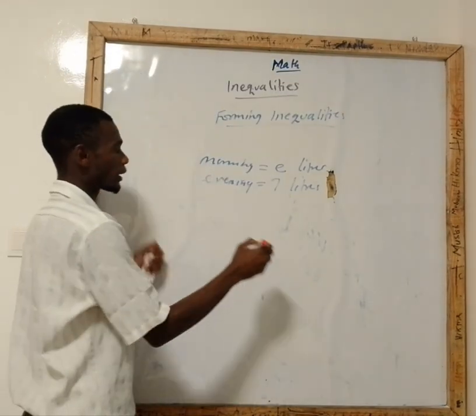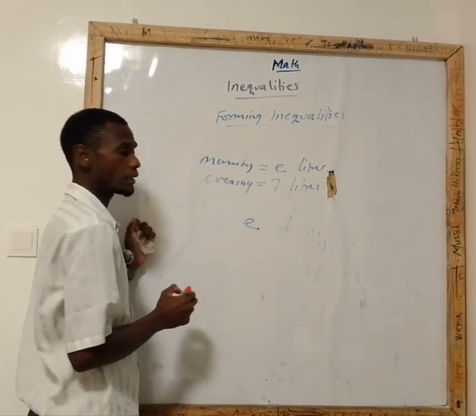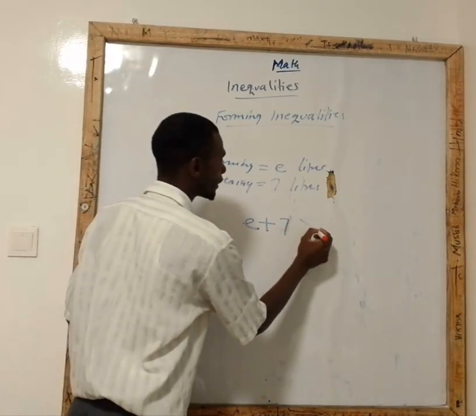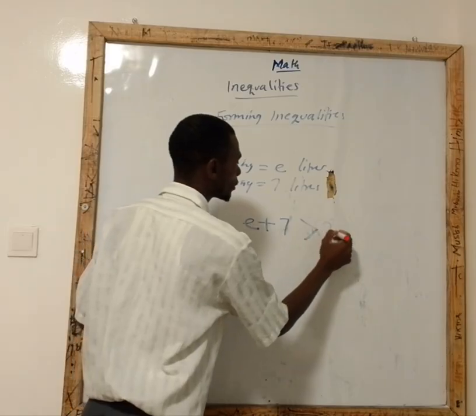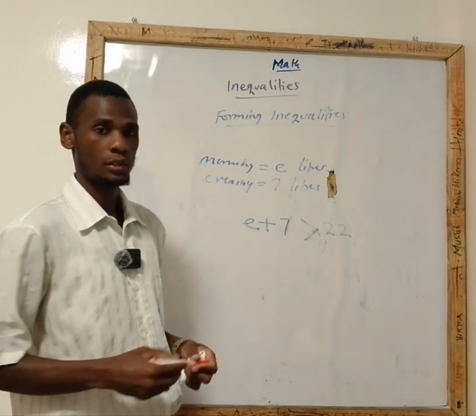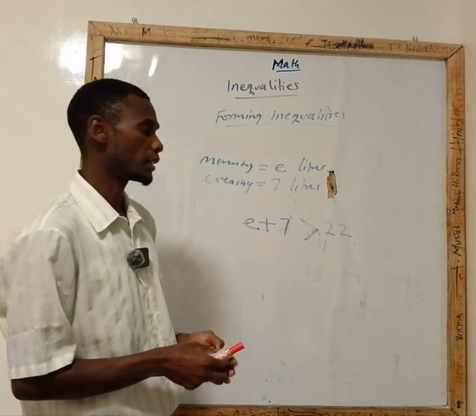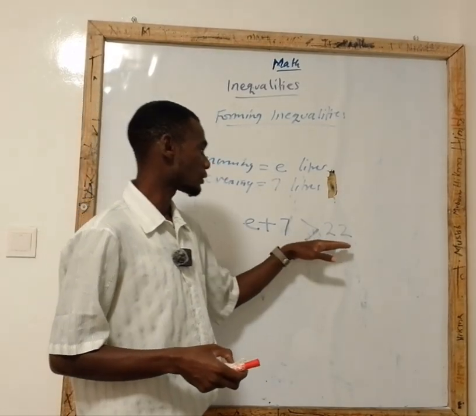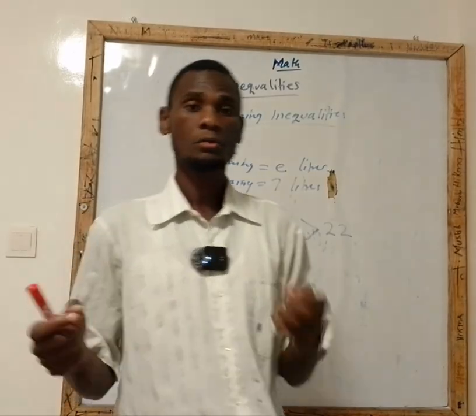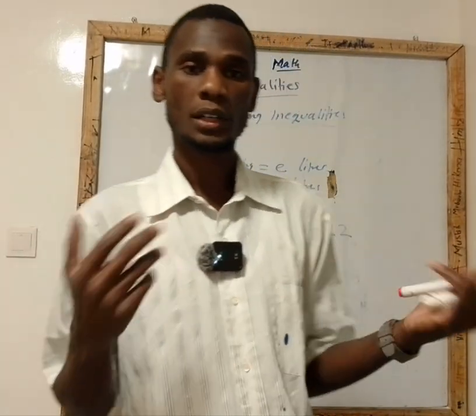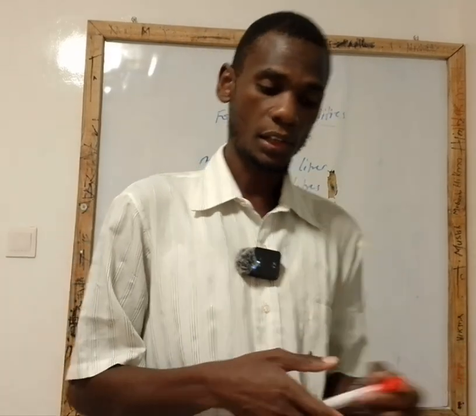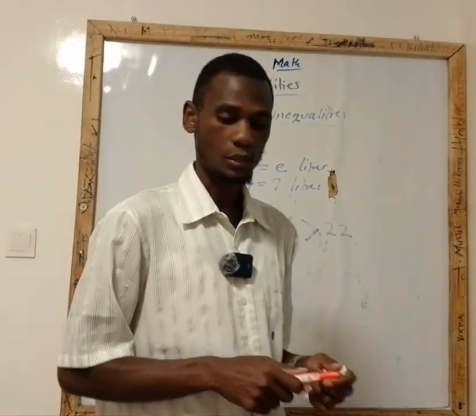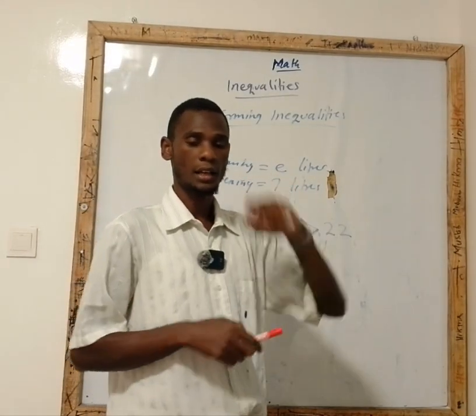So we'll say the amount of milk in the morning, that is E, plus the amount of milk in the evening, that is 7, is more than, so we use the word greater than 22. And there you are. You have formed an inequality. So E plus 7 is greater than 22. That means this cow is producing either 23, 24, 30, 40, but the total is more than 22 liters. So we use the symbol of greater than, the right.